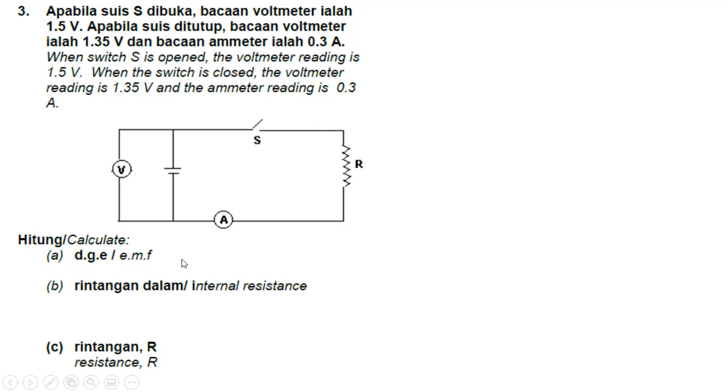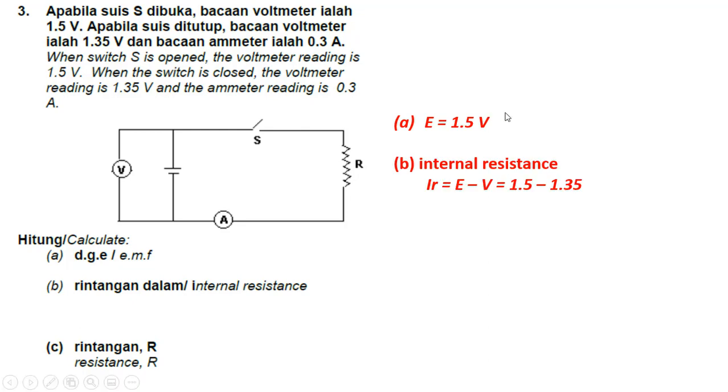First question: EMF E equals 1.5 volt when the switch is open. For the internal resistance, we use the formula E equals V plus Ir. Rearranging, Ir equals E minus V, 1.5 minus 1.35.